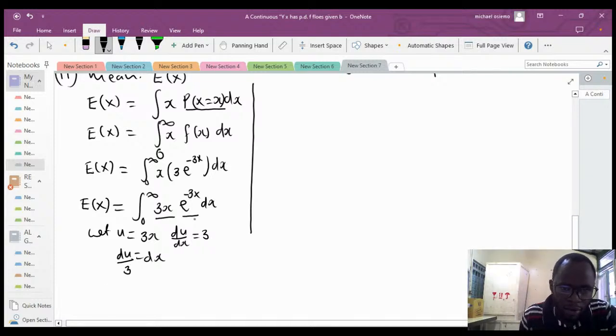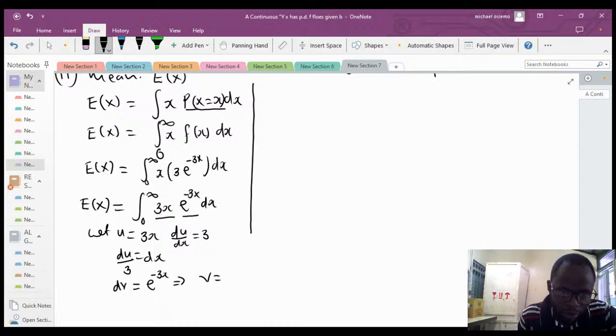And then we shall have our dv being equal to exponential negative 3x. So this implies that our v will be equal to, we shall integrate both sides, v equals negative a third exponential negative 3x.